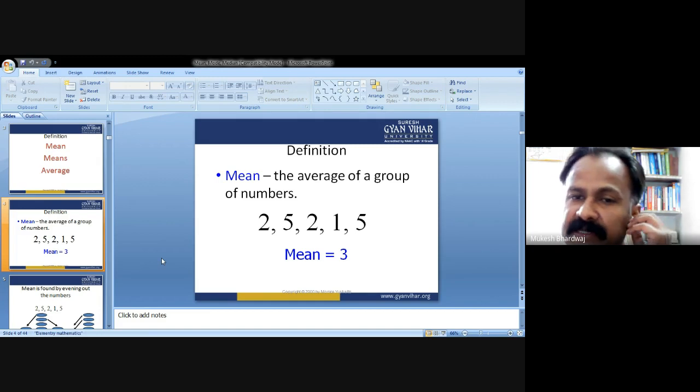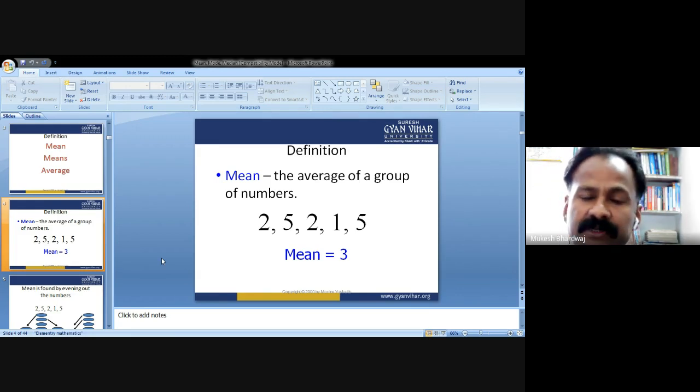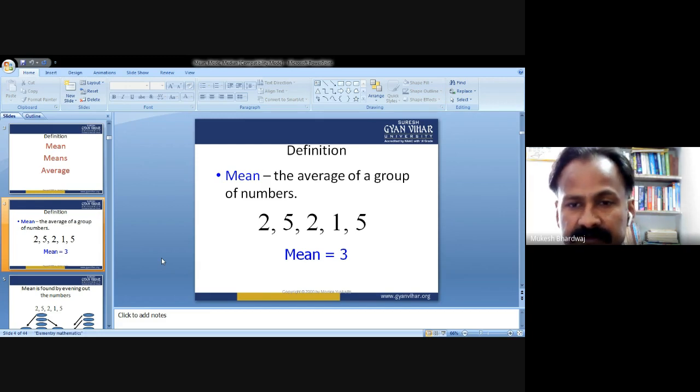How do we calculate the average speed when you are driving a vehicle? Someone asks what is your speed of coming to the college from your home, and you say 60 kilometers per hour. That 60 kilometers per hour is the average speed, not the constant speed. You cannot move with a constant speed.